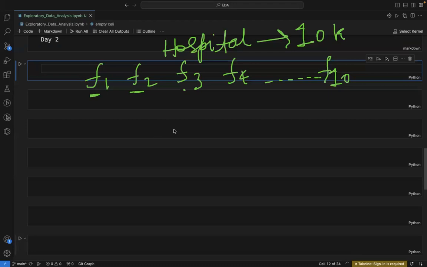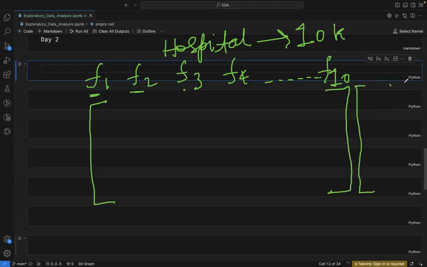So let's say my data matrix will look something like this. This is my data matrix, and here are the features of every patient. And here is a label. Fine.